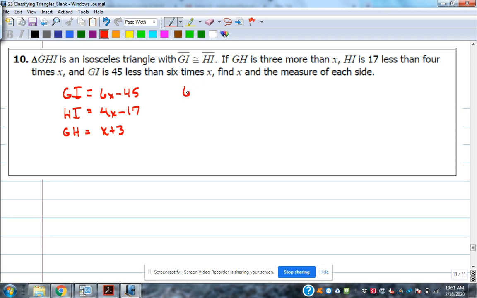So 6x minus 45 is equal to 4x minus 17. 2x is equal to 28. Is that right? And x would be 14.